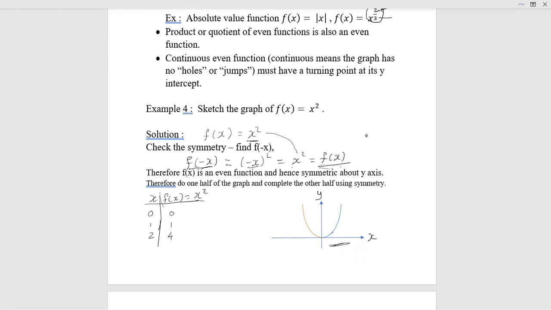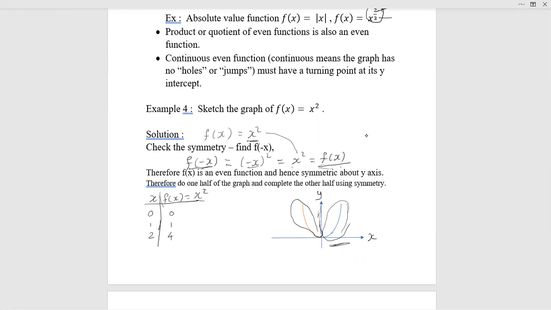Then looking at this, and getting the mirror image on the y-axis. That means assuming this y-axis is a mirror, I do the mirror image, that is this red line. The red line is the mirror image of the blue line.